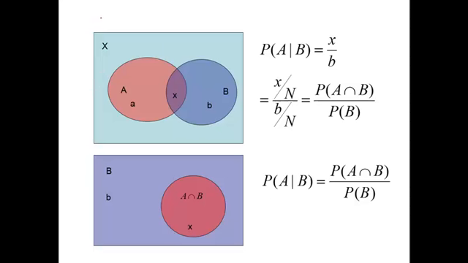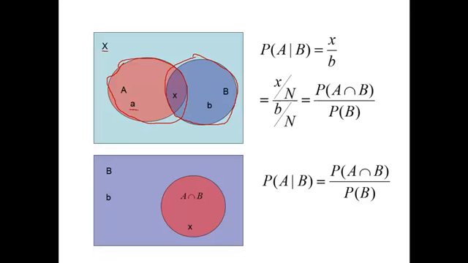And we'll start out with these Venn diagrams. Again, as always, X denotes the whole sample space, and we have in this space two events, the event A right there and the event B right there.